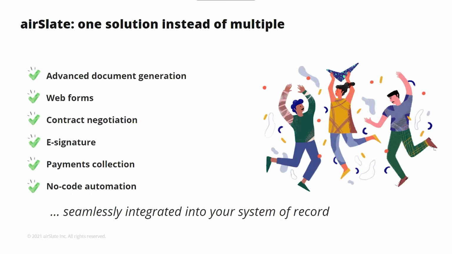So in addition to e-signature and the automation, we also offer a number of other kinds of documents that can be automated and integrated to your systems of record. That includes generated documents from a Word document, negotiation of contracts, web forms, integrated payment collection, and more. And so you can build a solution with no code at all, fully automated with just one subscription price.